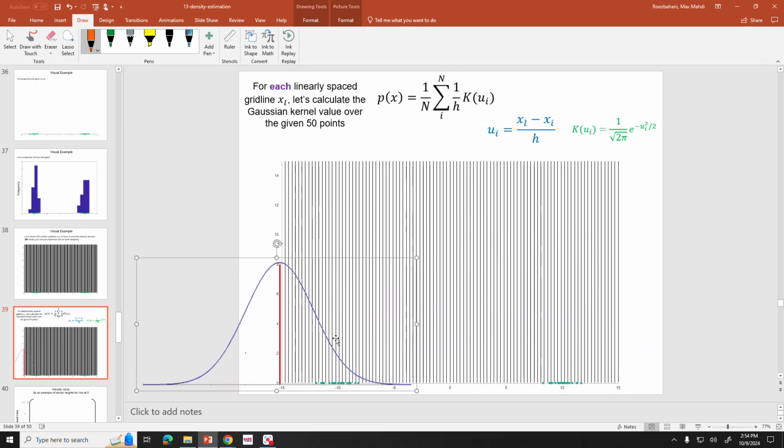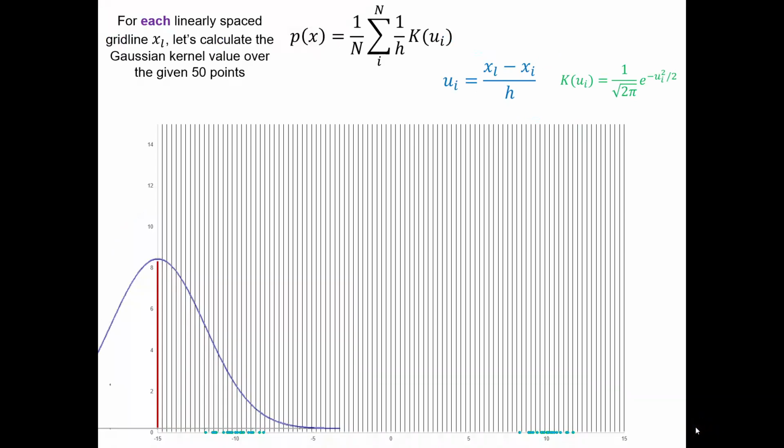Let's see what happens in every slide. Let's do it for the first one. What happens here? The red one is the x value of our grid line. Let's say x of L, the grid line L, for the first one. What is the x value of the grid line for the first one?